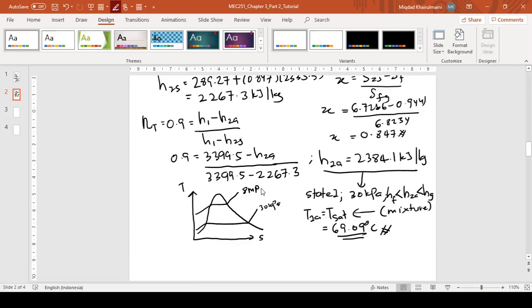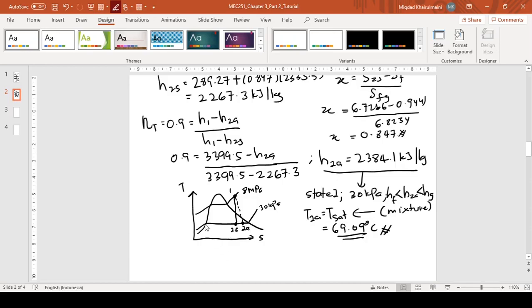We know state 1 is superheated. For ideal conditions, a straight line, so this is 2s. For actual condition, we make sure that it's still a mixture, so this is 2a. Alright, so this is the TS diagram.